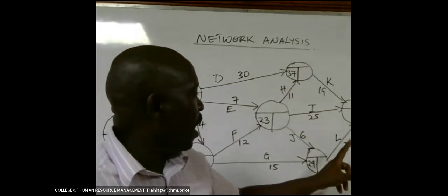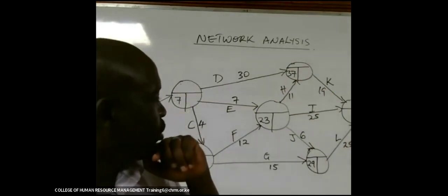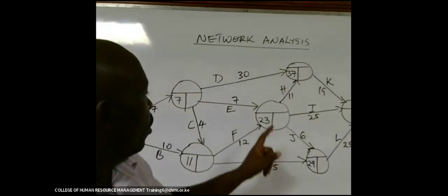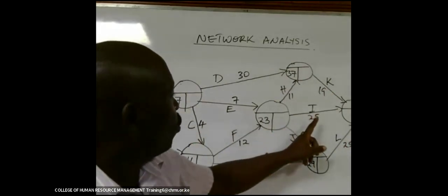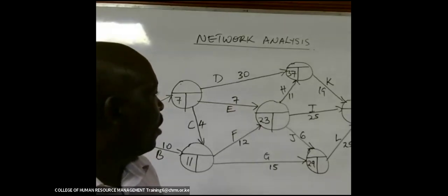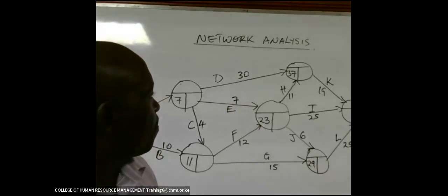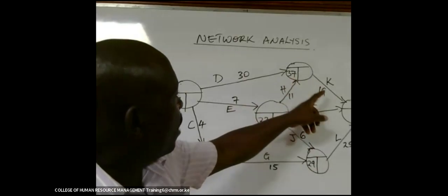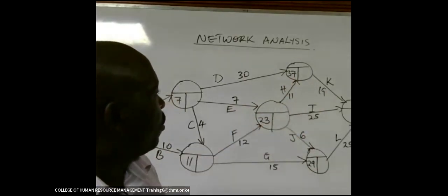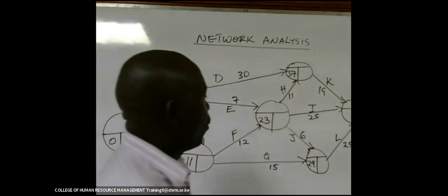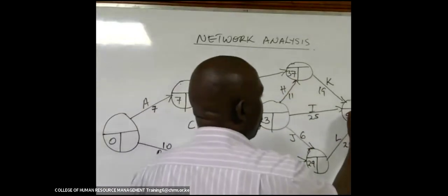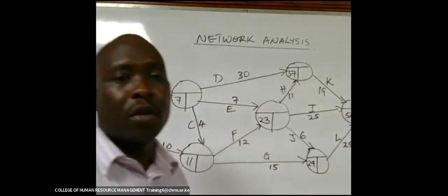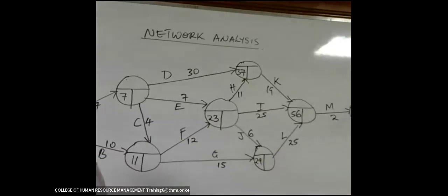Either 29 plus 25, that will be 54, 23 plus 25, that is 48, or 37 plus 19, that is going to be 56. So 56 is the longest. You put there 56.